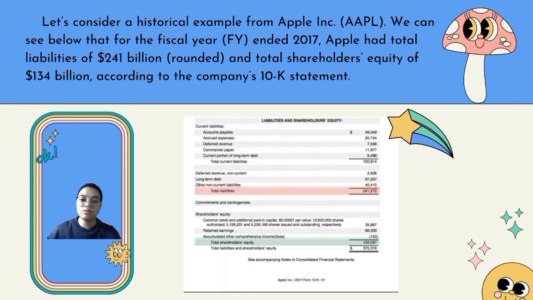Substituting that to the formula that we have, it will be $241 million over $134 million. Divide those, it will be 1.80. So, yung debt to equity ratio ng kumpanyang ito is 1.80. It means na Apple had $1.80 of debt for every dollar of equity.